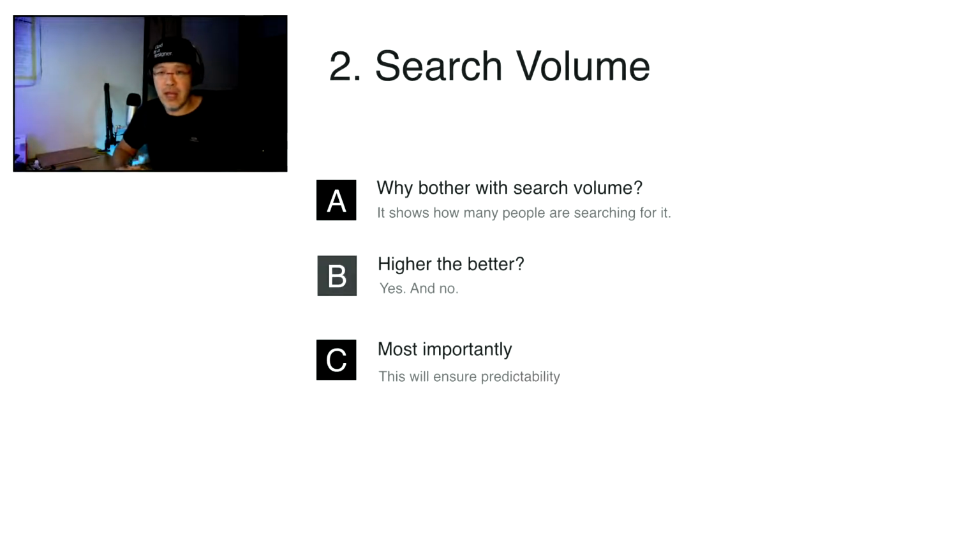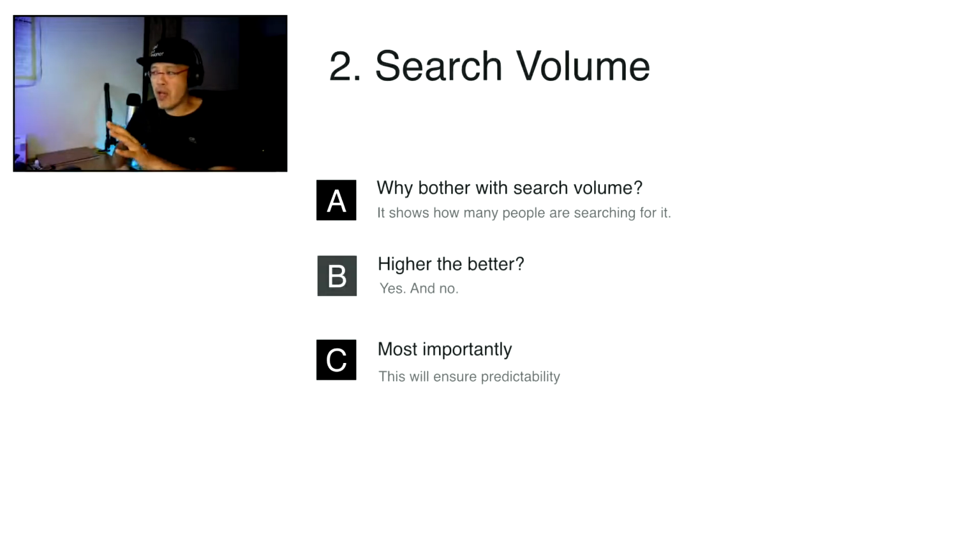So what it means is that if someone is searching for a 3D printer, they could be just doing research about a 3D printer, or they could be looking at purchasing one. But if people are looking at 3D printing, they might not be looking at buying a 3D printer. And of course, you have better keywords like 3D printers for kids, or best 3D printer for kids, for example.